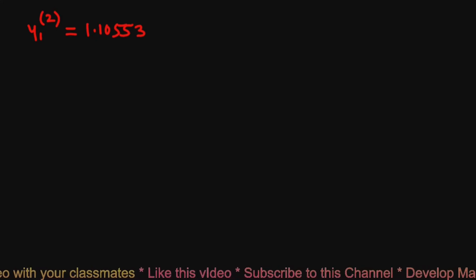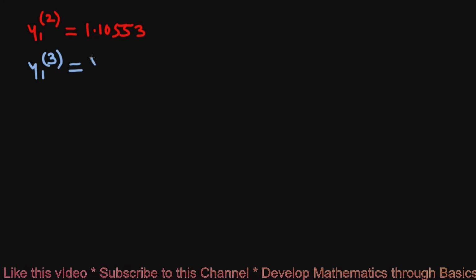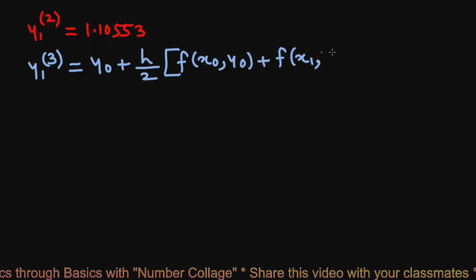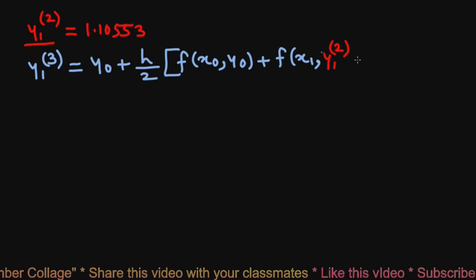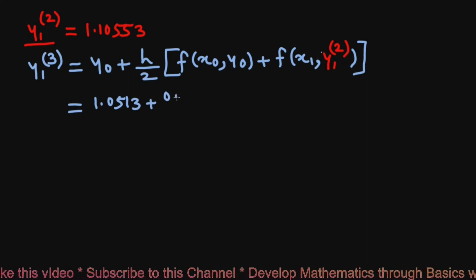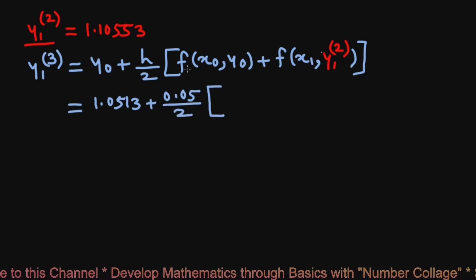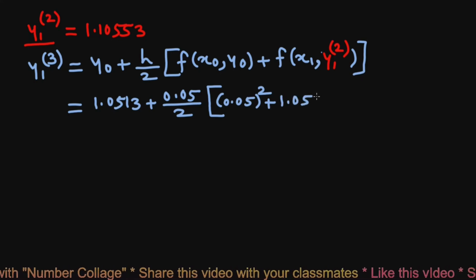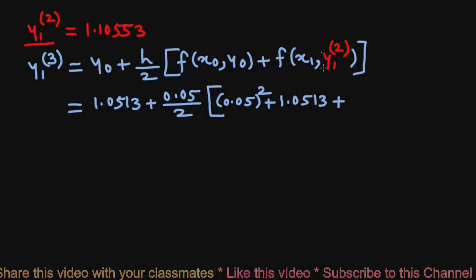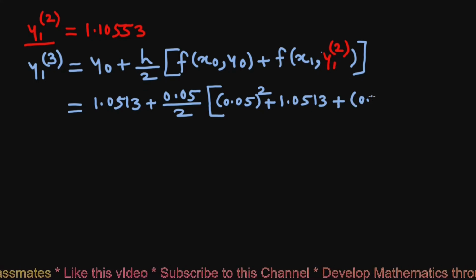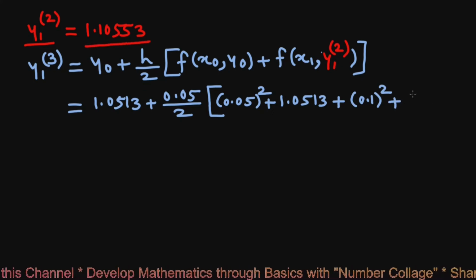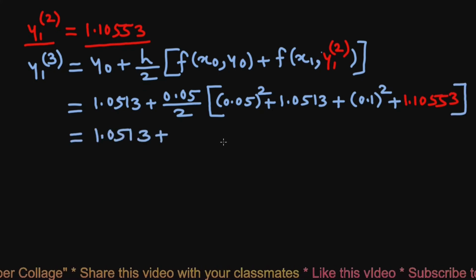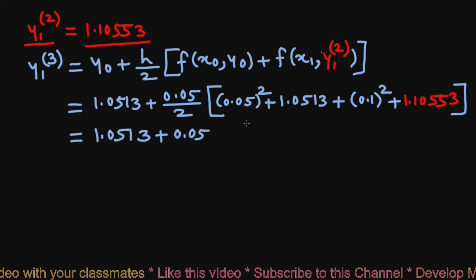We have second approximation of y1 to be 1.10553, which we will use to find the third approximation, which will be y0 plus h upon 2 f of x0 comma y0 plus f of x1 comma this second approximation of y1, that will be 1.0513 plus 0.05 upon 2 multiplied by f of x0 y0 will be 0.05 whole square plus y0, which is 1.0513 plus f of x1 comma second approximation of y1 will be 0.1 whole square plus this second approximation, which is 1.10553, that will be 1.0513 plus the remaining calculation, which works out to be 0.05423.